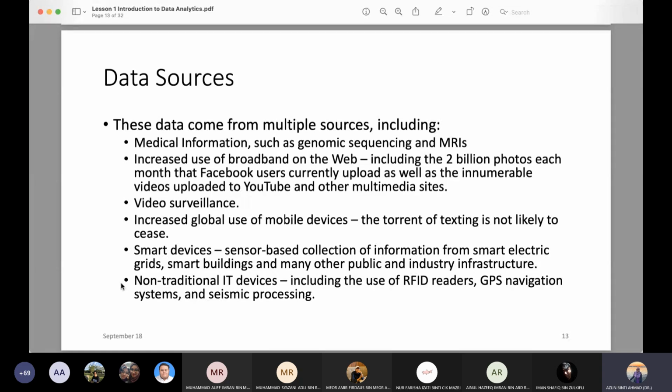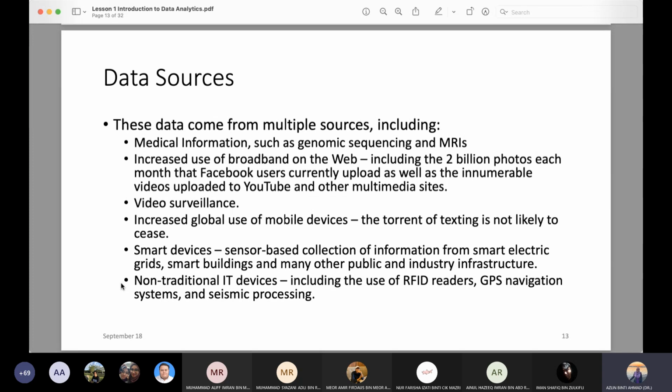That one is on medical, and we can also get the data from the websites, from the blogs, from the social media, and then we can also have data from video surveillance, and then from mobile devices, your punya smart devices, and also non-traditional IT devices, but not limited to this one.